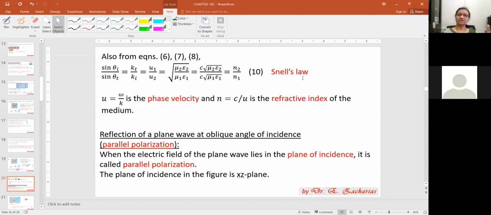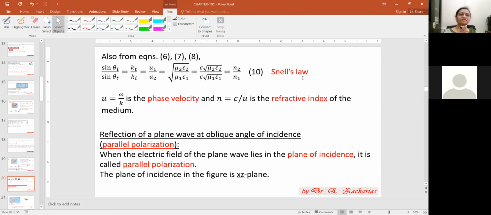Now what we will do is continue and talk about polarization. We will bring polarization into the picture. The first thing we are going to see is parallel polarization. Polarization by definition is the direction of the electric field in the electromagnetic field.